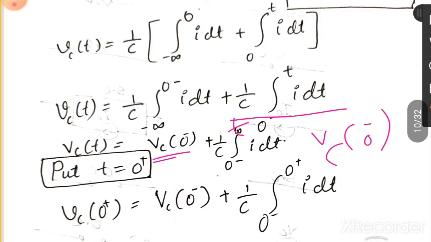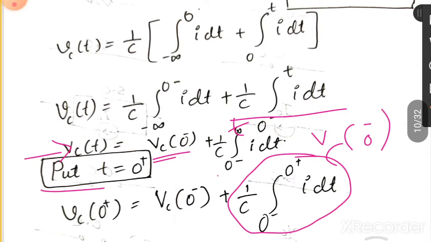Now we take t equal to 0 plus in this entire equation. It will be Vc of 0 plus equal to Vc of 0 minus plus 1 over C integration from 0 minus to 0 plus of I into dt. What is the variation of current from 0 minus to 0 plus?